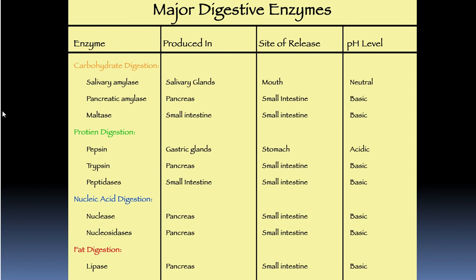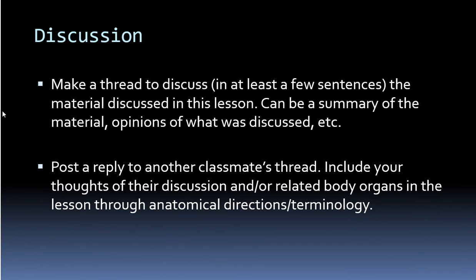That's key. If those enzymes were occurring in different parts of the digestive system, they would not actually be functional nor effective at breaking down food material, because they are limited to a certain pH range. And that's kind of cool. That's essentially throwing chemistry into this basic anatomy course.